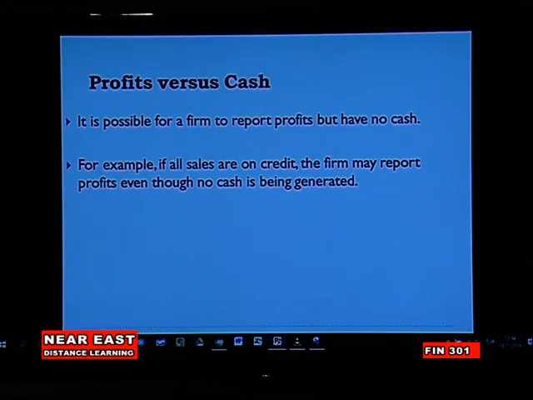For example, if all sales are on credit, the firm may report high profit, but no cash. Maybe this will be a big problem for the company because the company has creditors.